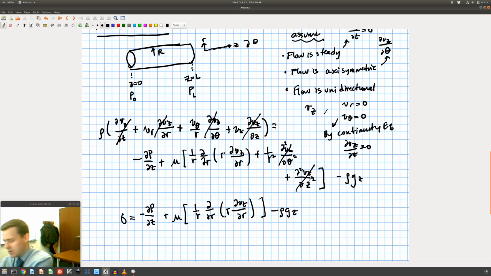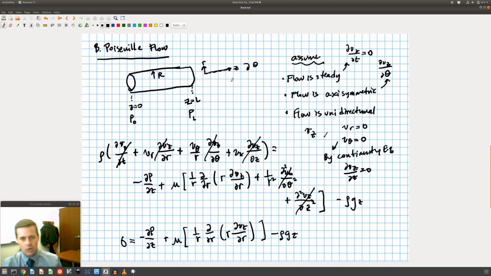Now I'm going to assume for a minute that I don't know what direction gravity is in. As I've drawn it, it makes sense to have gravity in that direction, but I could have drawn a tilted pipe, and maybe that would mean gravity's in that direction, or gravity's in that direction. Okay? I don't know what direction gravity's in.